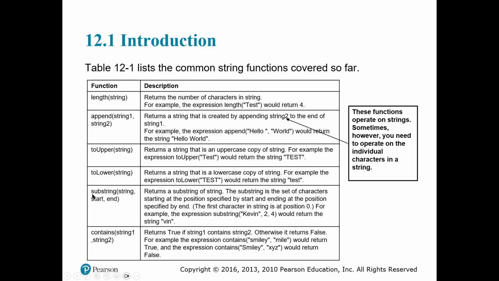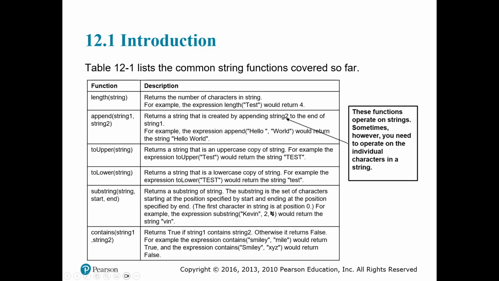A substring is a very useful one. A substring function has 3 inputs: a string, a start, and an end. What substring does is take the string that you input and take a piece of that string, with the character starting at the position you provide with the start value, and ending at the position you provide with the end value.